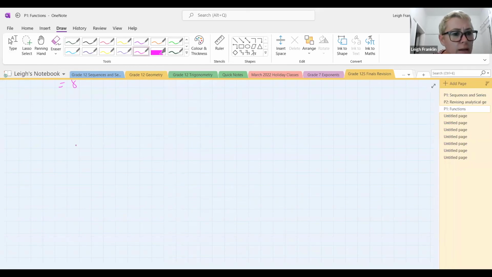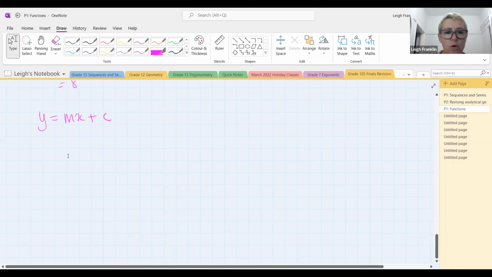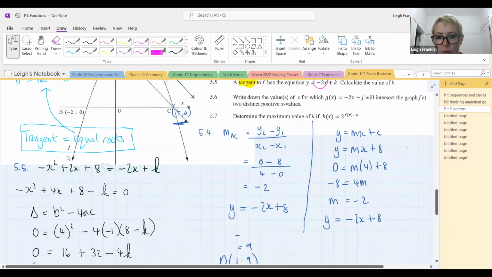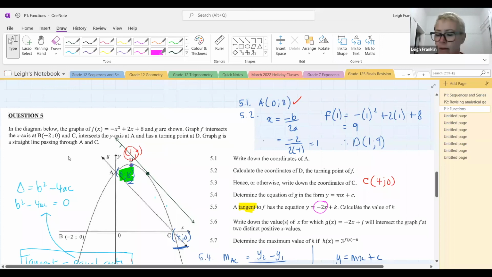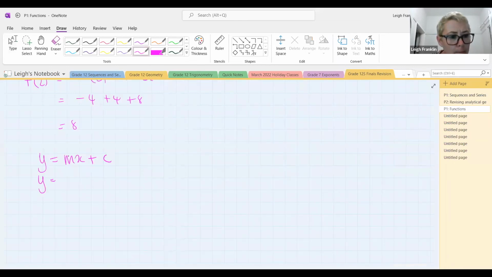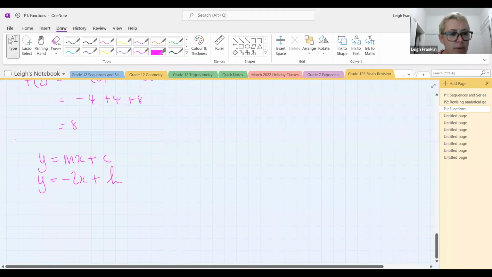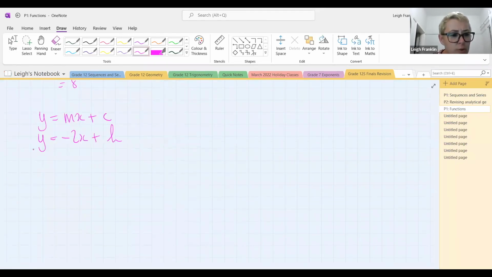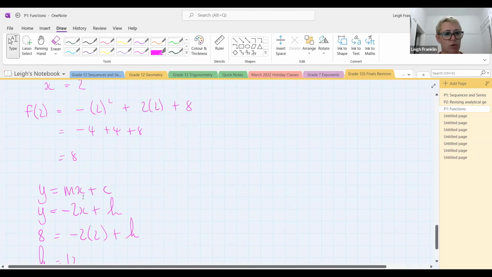So subbing into y equals mx plus c, or in this case y equals minus 2x plus k, let's sub in our x and our y, so that would be 2 and 8. So 8 would go here, 2 would go there, add 4 to both sides, and k would be equal to 12. So if you wanted to use calculus, that's how you would do it.